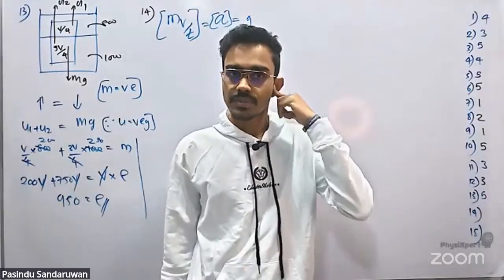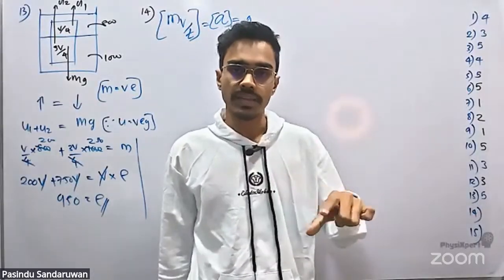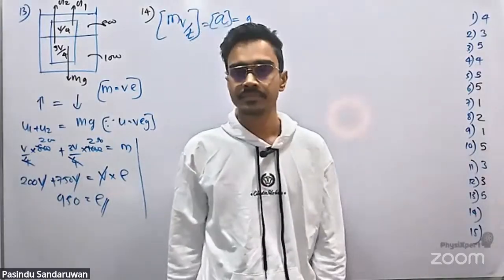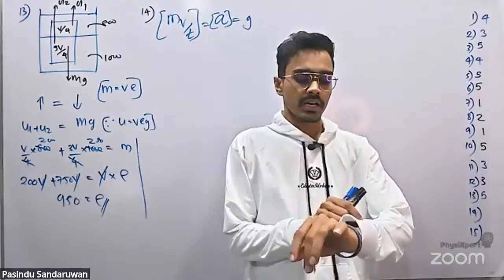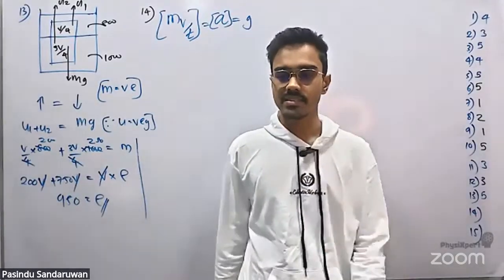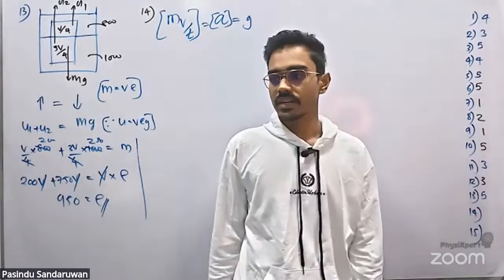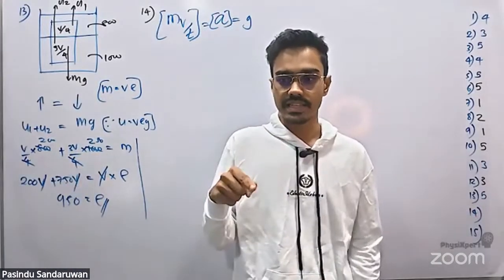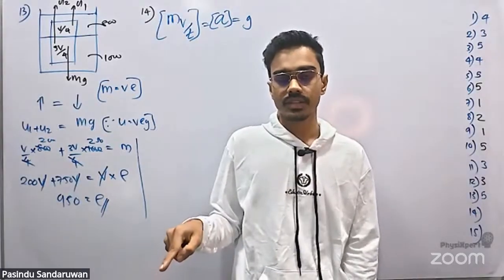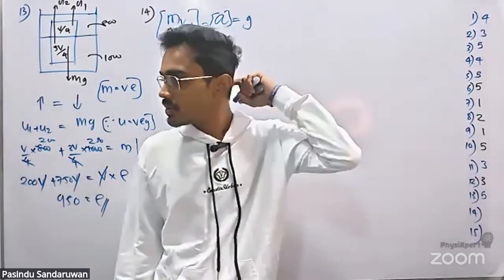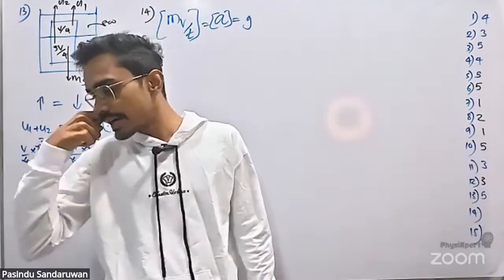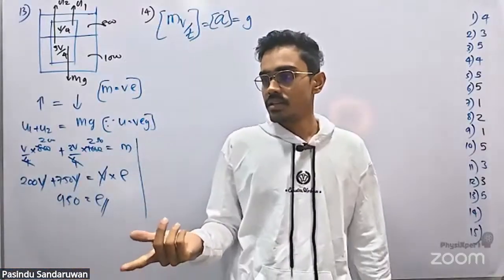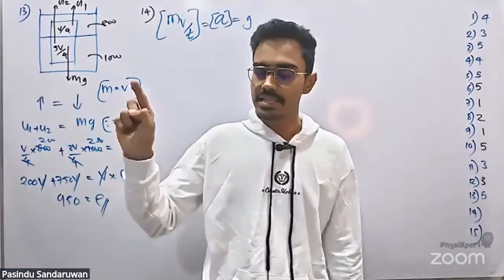When the direction of motion changes, the velocity changes sign, so the graph should be on both plus and minus sides. So therefore 2 is wrong anyway. And since acceleration is the same, the gradient throughout the curve should be the same. In the third one, gradients are different. In the fifth one also, gradients are different. In 1 and 4, gradients are the same.